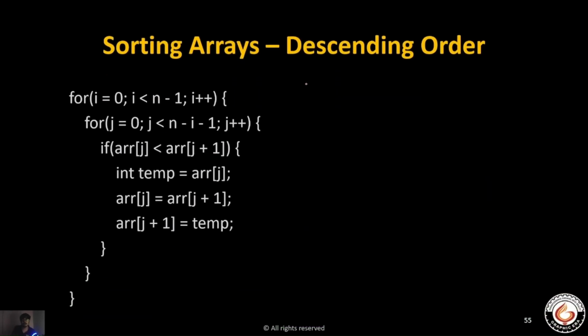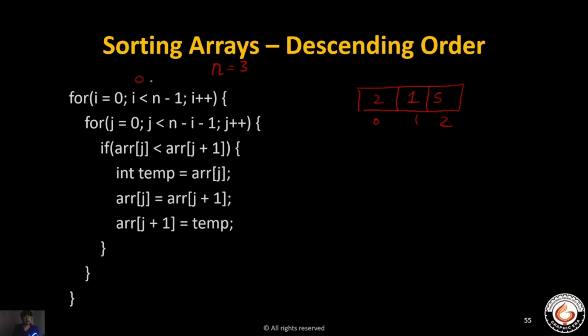Now we will learn about descending order. Let's take an example: 2 1 5. Here the value of n is 3. Now the value of i is 0.